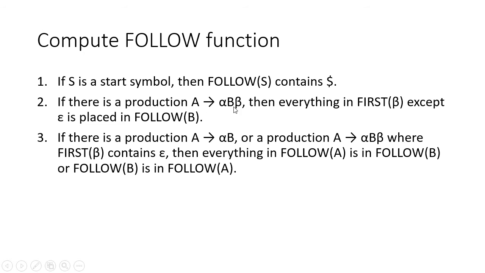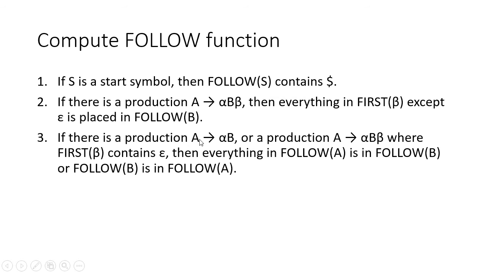So what we are doing is we are finding the follow of B. So the follow of B is everything in first of beta, whatever is there in beta will be in follow of B except epsilon.